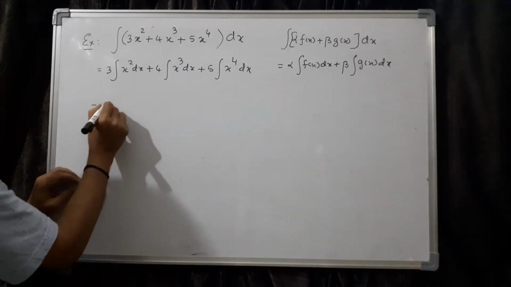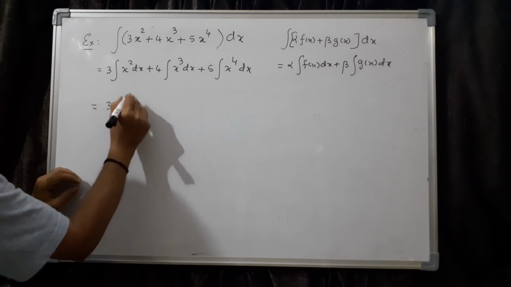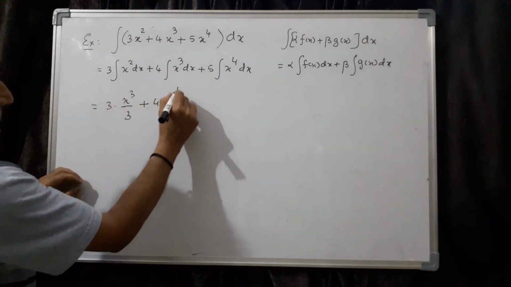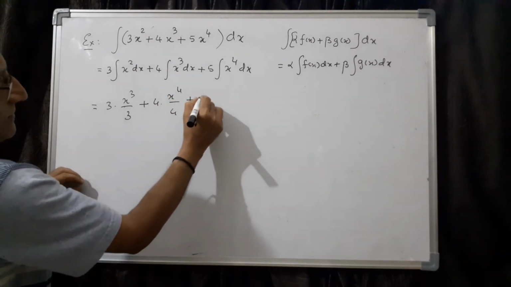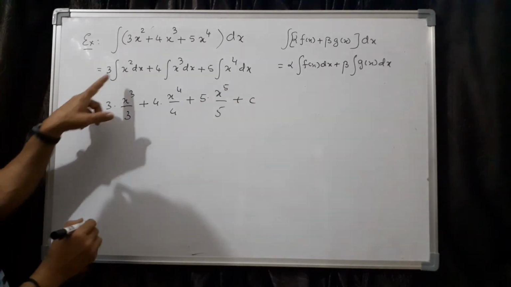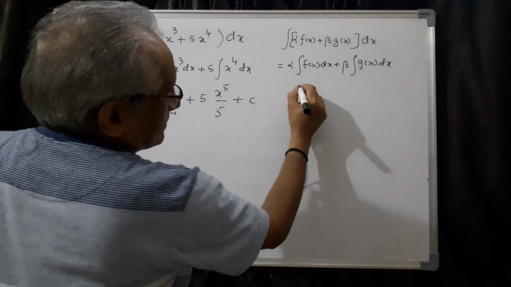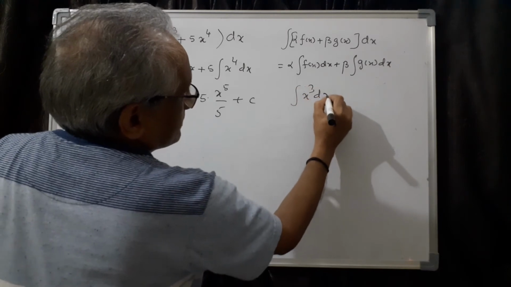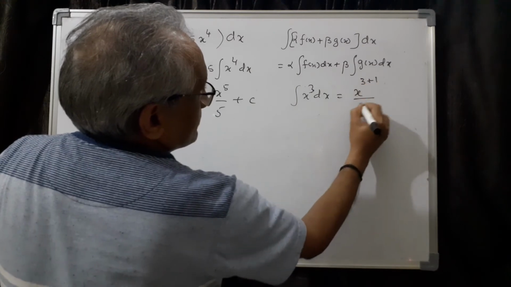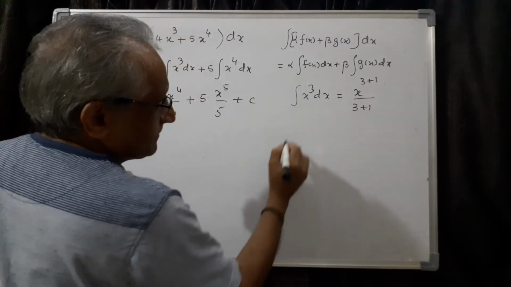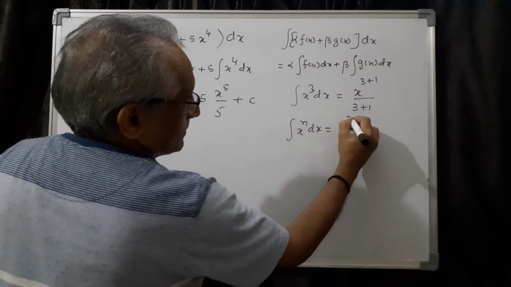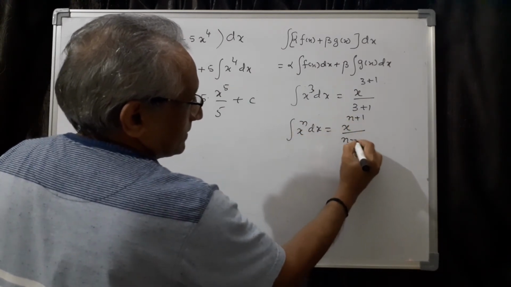So now, 3 into integration of x square is x cube by 3. Integration of x cube is x4 by 4. Integration of x4 is x5 by 5, plus c. And if you have confusion, note this one: integration of x cube dx will be equal to x power 3 plus 1 by 3 plus 1, because integration of xn dx is x power n plus 1 by n plus 1.